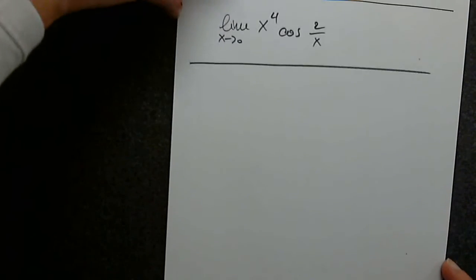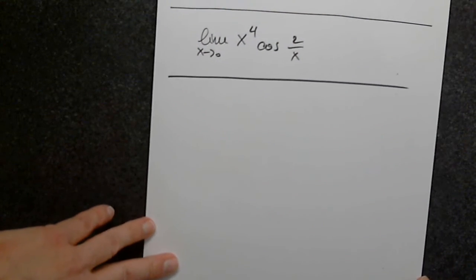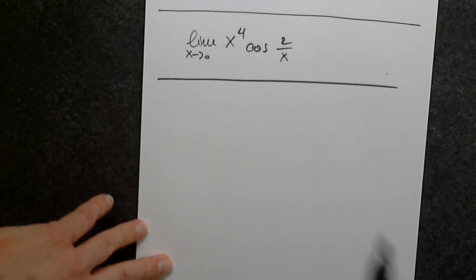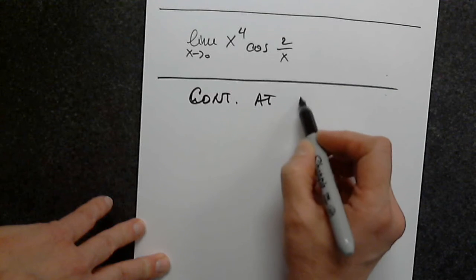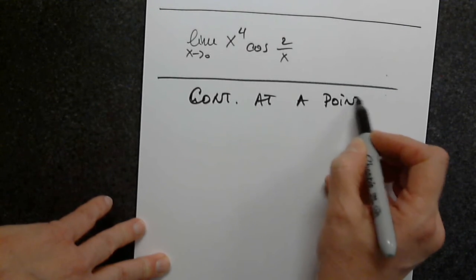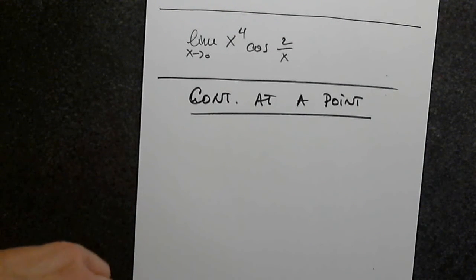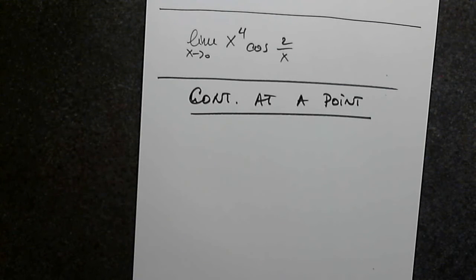Okay, so remember, let's refresh our memory on one topic from continuity, which is continuity at a point. Can anyone dictate the definition of continuity at a point? When is a function continuous at a point?